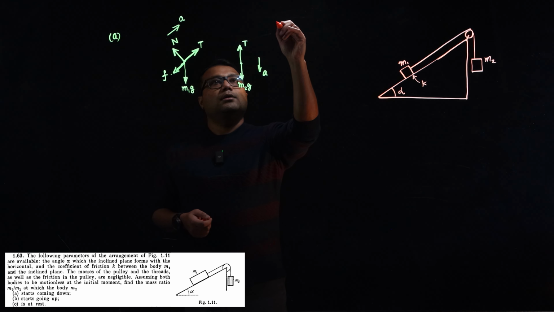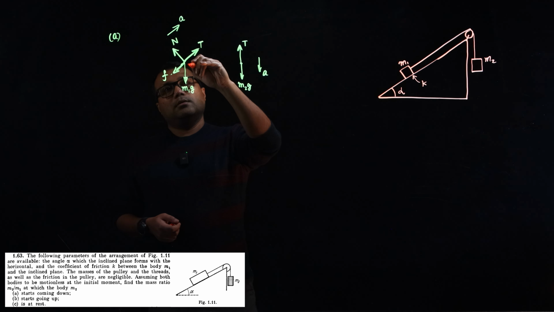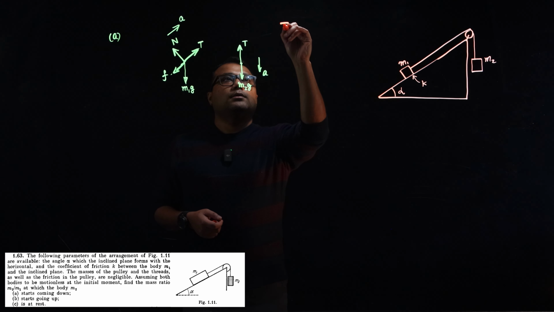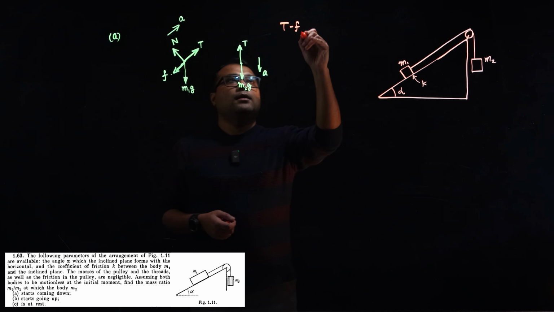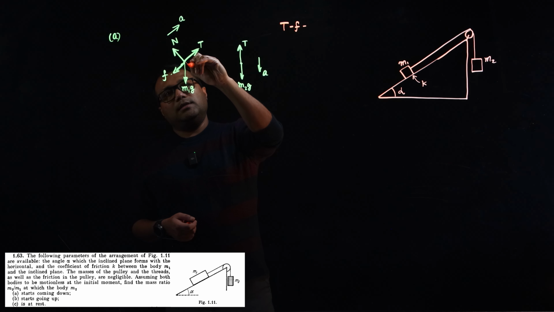So T minus F friction minus, now this angle is alpha.